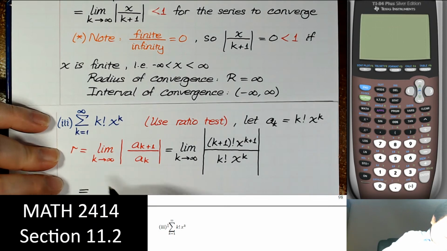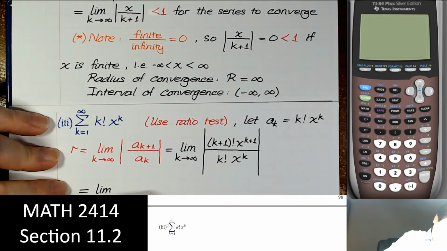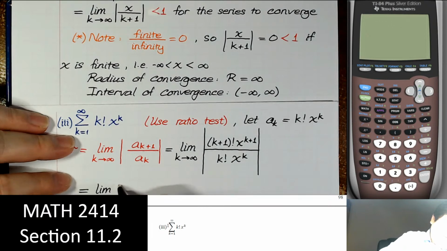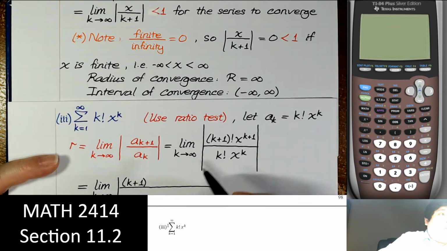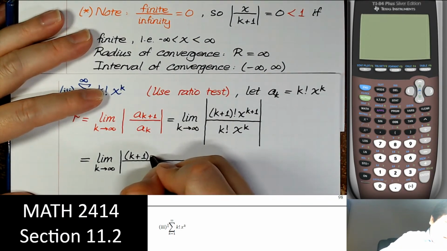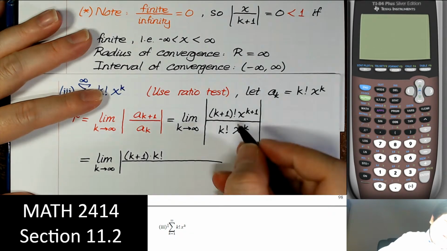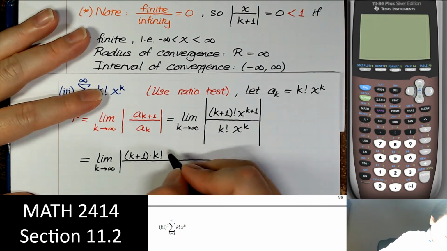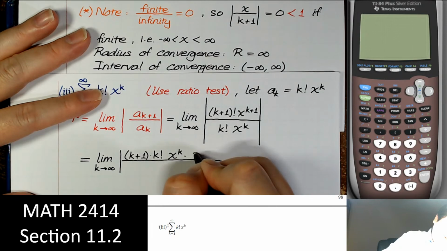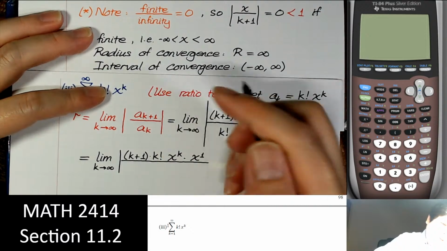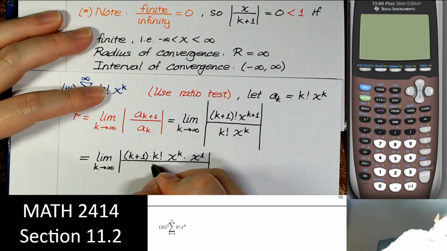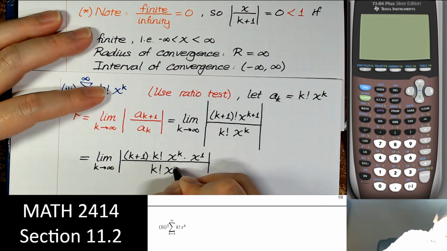So we have k plus 1 factorial, which is k plus 1 times k factorial, and x to the k plus 1 is x to the k times x to the first, over k factorial times x to the k.